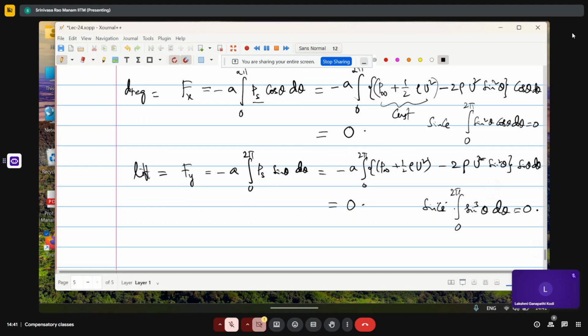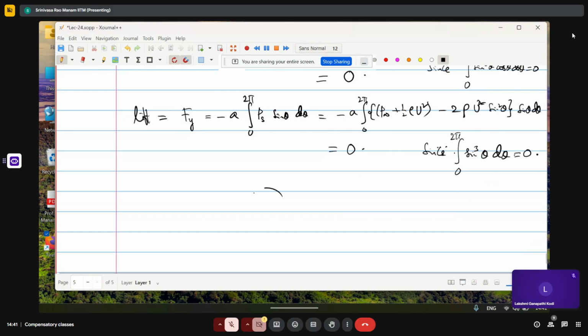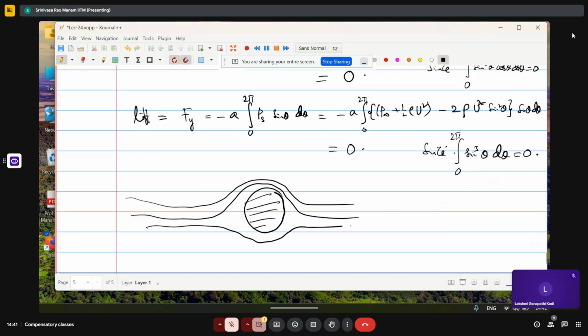Okay. So what you have is basically this one. On the cylinder cross section, solid cylinder, you basically have flow like this. Okay, this is a uniform flow away from the cylinder.